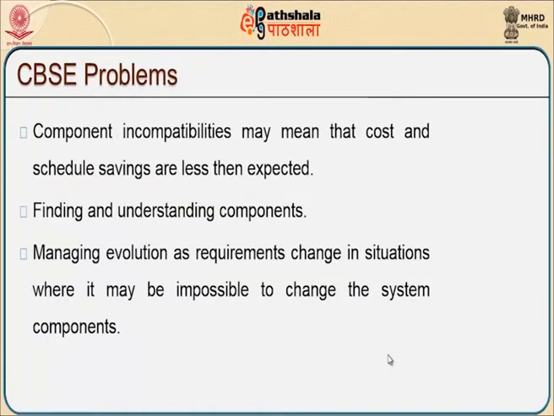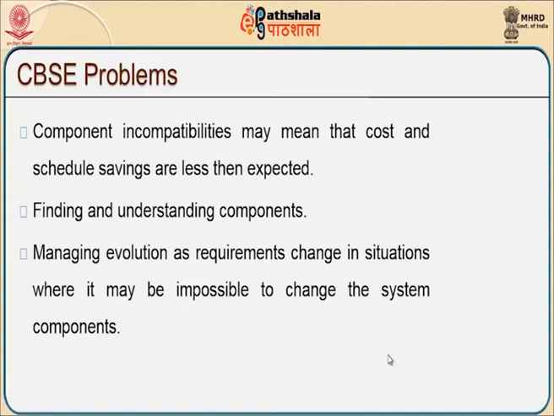One of the problems that we came across is the Ariane rocket problem that we have seen in the previous session. We have another component-based software engineering problem also, which says component incompatibilities may mean that cost and schedule savings are less than expected. Finding and understanding components is pretty difficult.